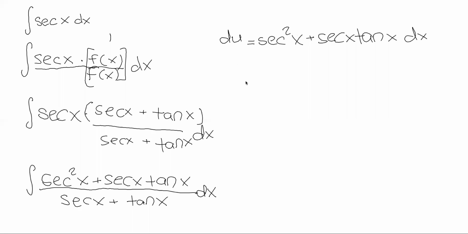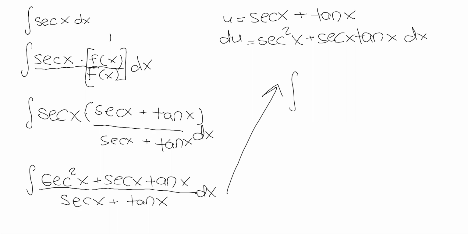So let's rewrite the integral. Oops, erased the u. So we have a du on top, and we have u on the bottom. So of course this just integrates to the natural log of u.